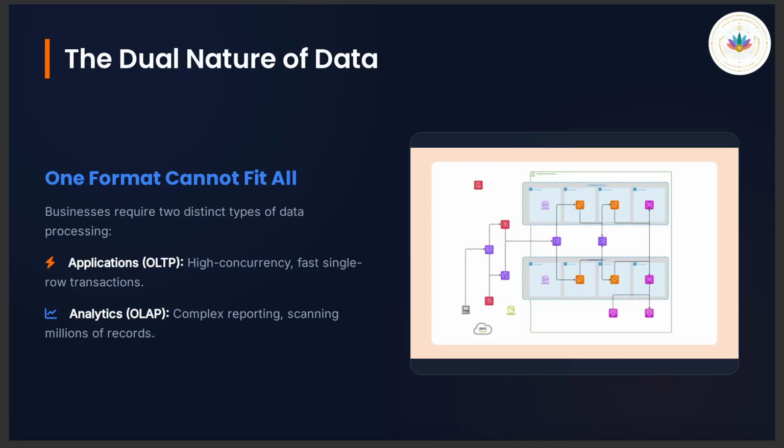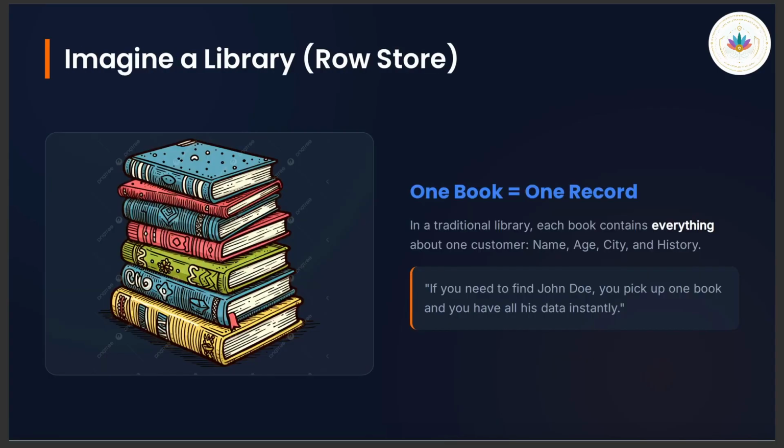To see why, let's use a simple analogy. Imagine you're designing a physical library to store customer data, and you decide that every single customer gets their own dedicated book. Inside book 101, you write down everything about that customer, their name, age, city, salary, and phone number. Book 102 gets the exact same layout for the next customer.